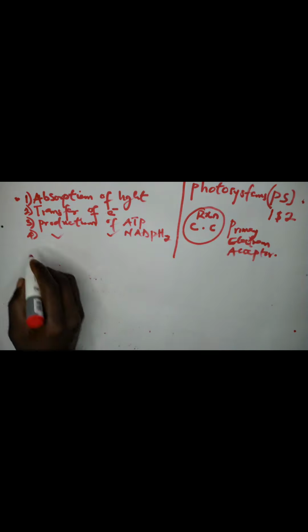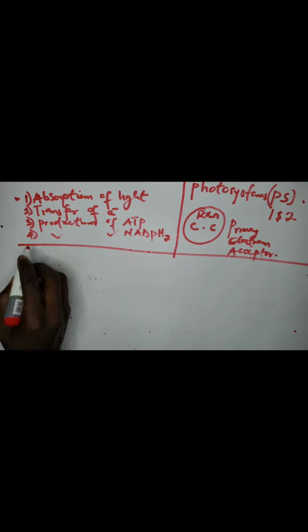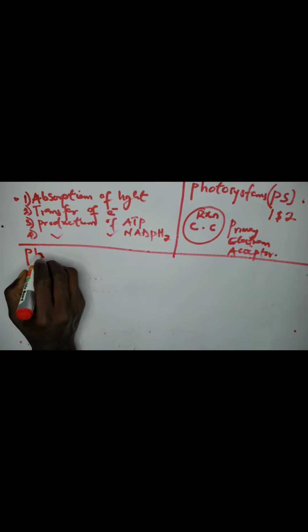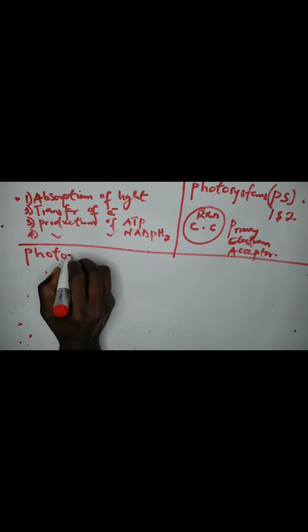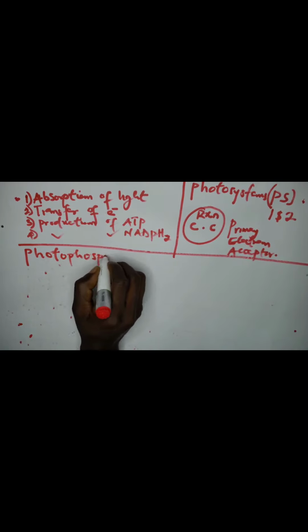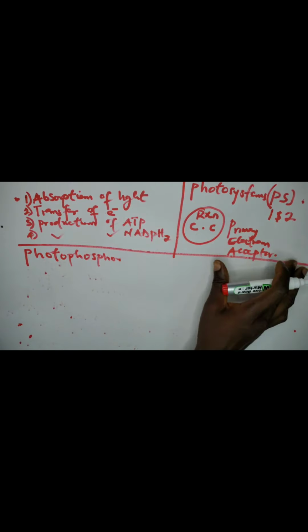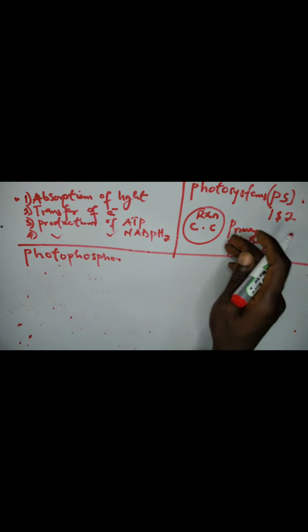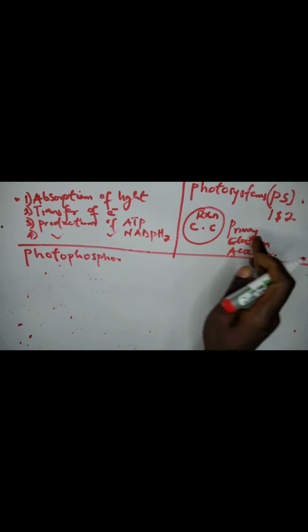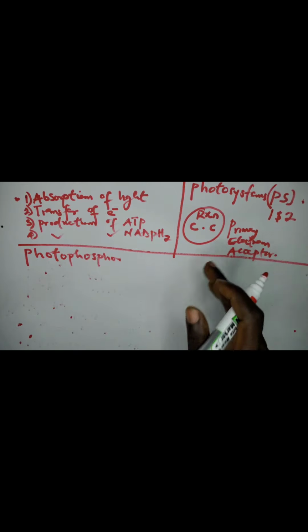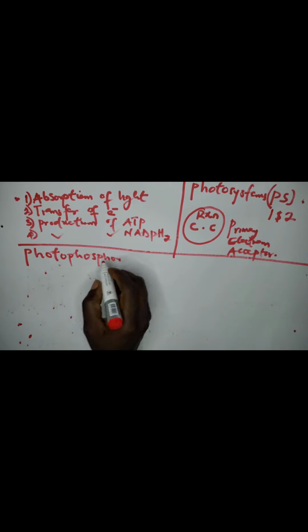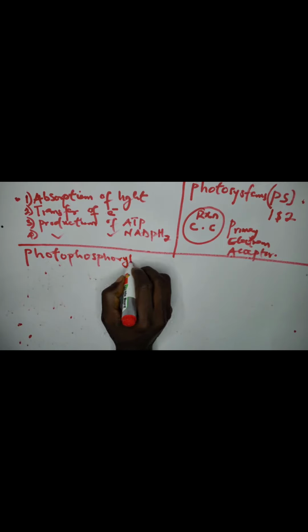So to elaborate on what I've explained earlier, I've told you we are only explaining the light reaction, and the next thing we are explaining, so as to know the mechanism of what is going on here, is photophosphorylation. Everything I explained here, photosystem, absorption of light, passing down to the reaction center, then transferring to the primary acceptor, transferring to other electron acceptors, is called photophosphorylation.